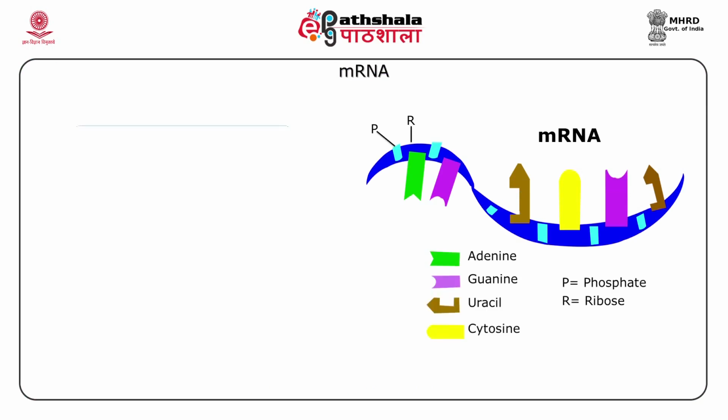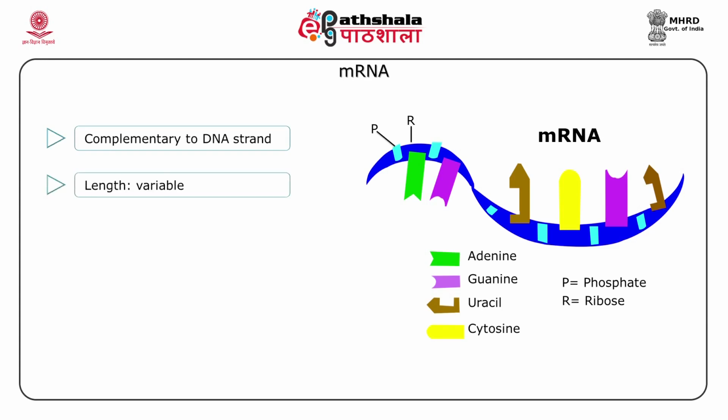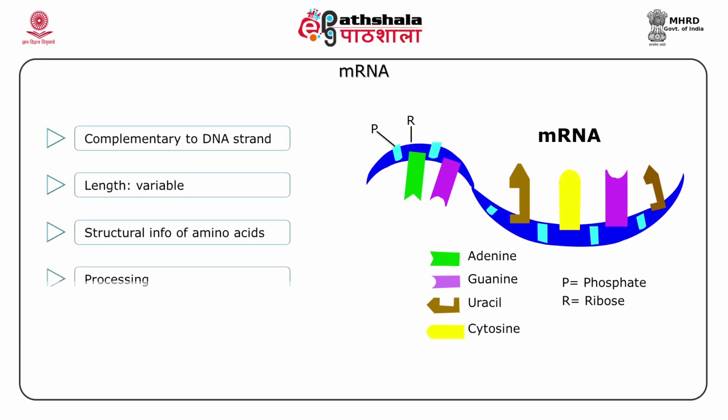The other important nucleic acid is RNA, and there are 3 types of RNA. The first is mRNA, messenger RNA, which is complementary to information in the DNA strand. It is variable in length, contains specific structural information for the sequence of amino acids, and is processed before use, which means in the total RNA you will have mRNA, tRNA and rRNA, and before having messenger RNA, it has to be processed.